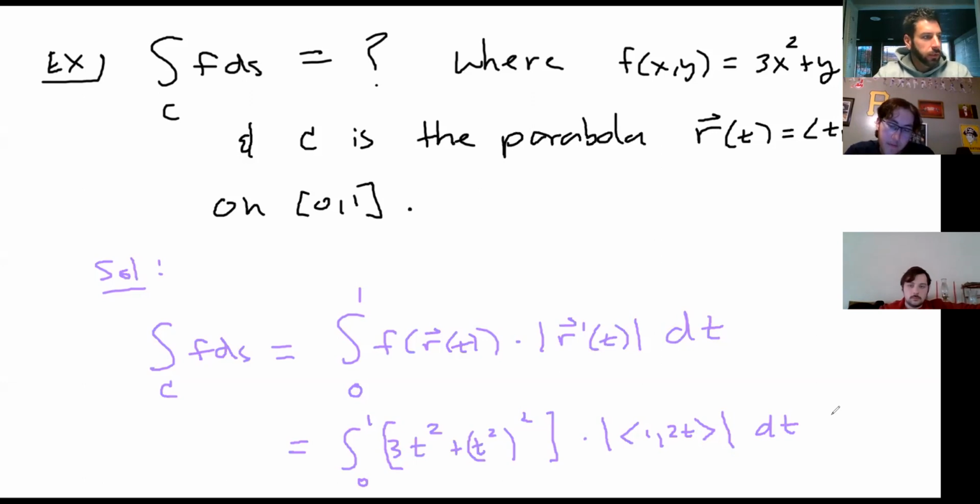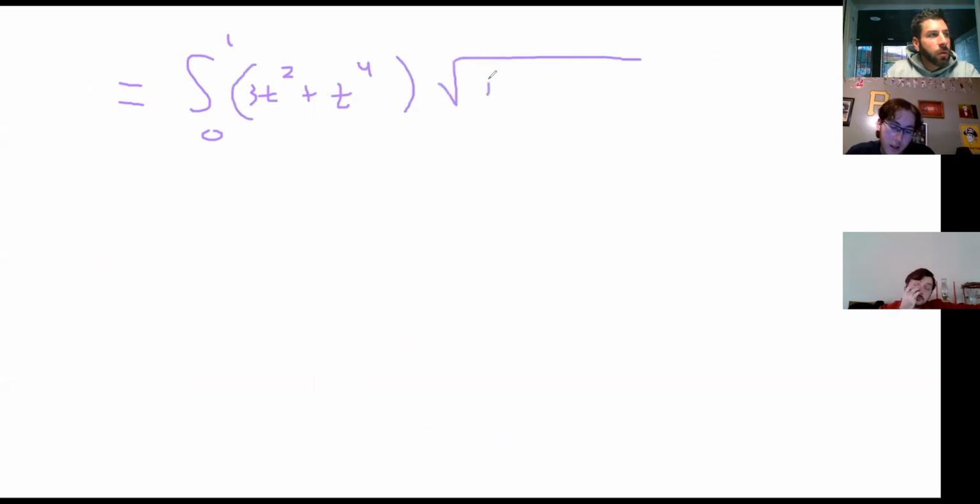So let's go one step at a time. This equals the integral from 0 to 1. We have 3t squared plus t to the 4th. And now I have to take the length of 1 squared plus 2t squared dt. Which I'll clean up first.